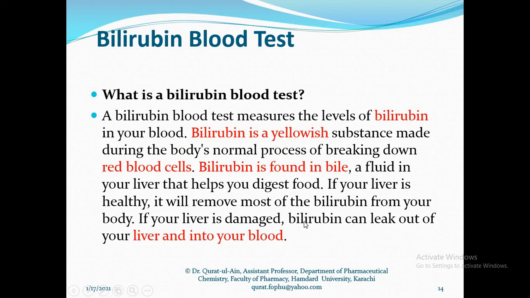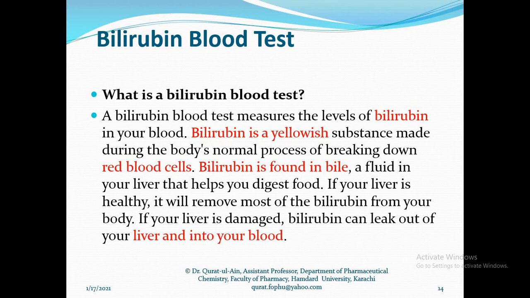Now we are going to discuss the other test, that is the bilirubin test. First of all, what is this bilirubin test, or what is bilirubin? Bilirubin is a metabolic product of red blood cells.